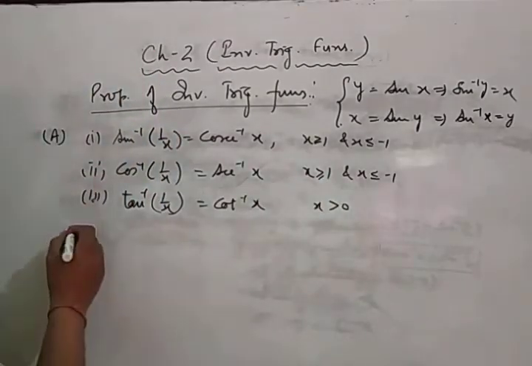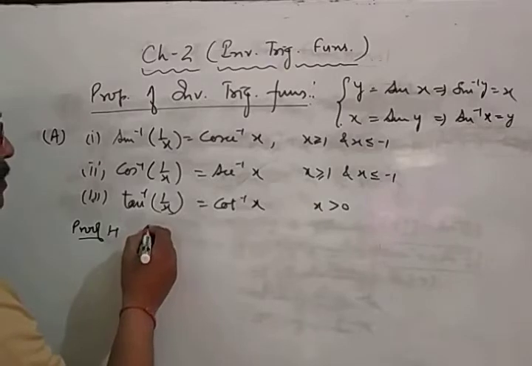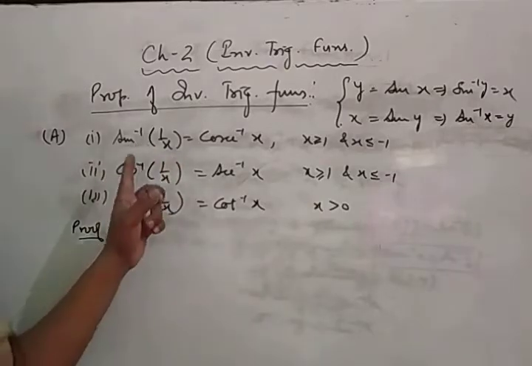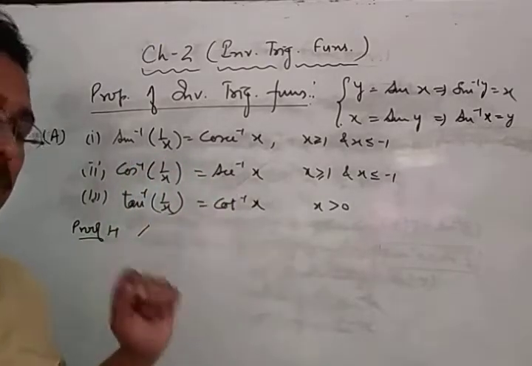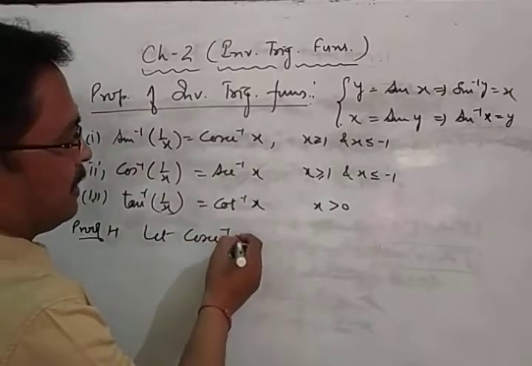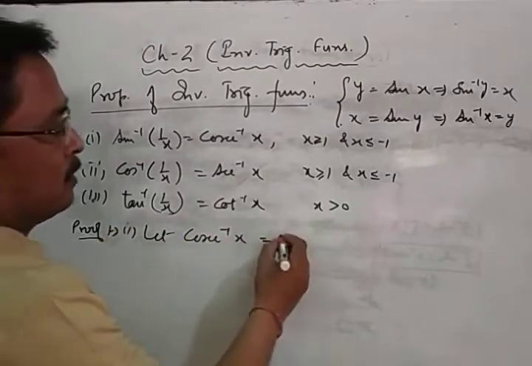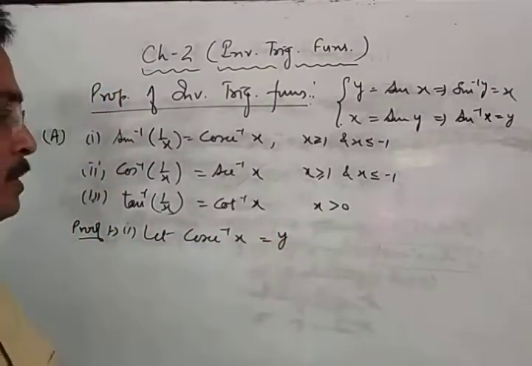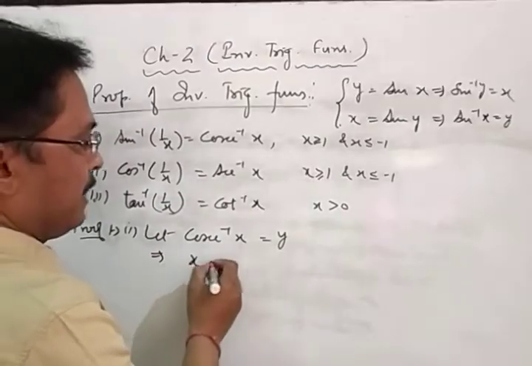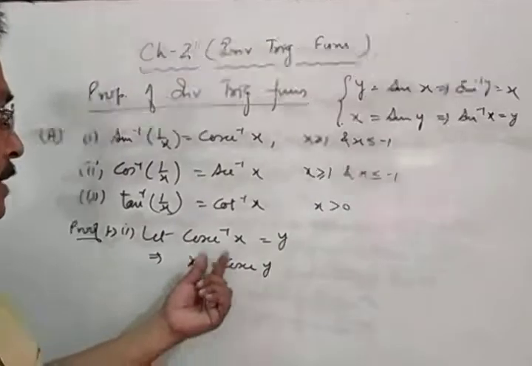First one, I am proving for you. I am proving sine inverse 1 upon x is equal to cosec inverse x. Let cosec inverse x is equal to y. Therefore, x equal to cosec y. Clear?